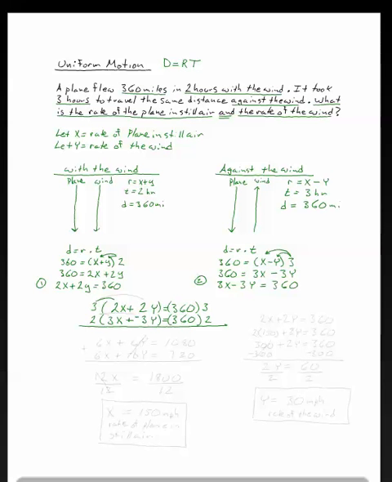So distributing on the first equation, I get 6x plus 6y equals, and then 360 times 3 gives me 1080. Distributing on the second equation, I get 6x plus negative 6y, so the 6y and the negative 6y are opposites, equals 360 times 2 gives me 720.